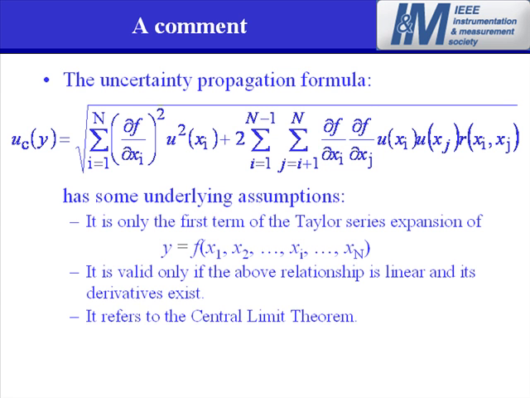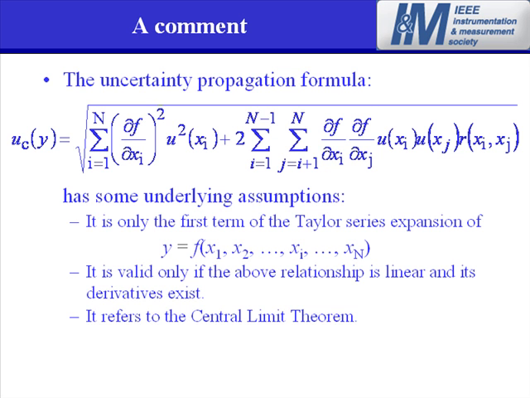So we need to refer to the well-known central limit theorem that states that when f is a linear combination of the input quantities and none of them is prevailing on the other ones, then the final probability distribution tends to a normal one, as the number of input quantities tends to infinity.